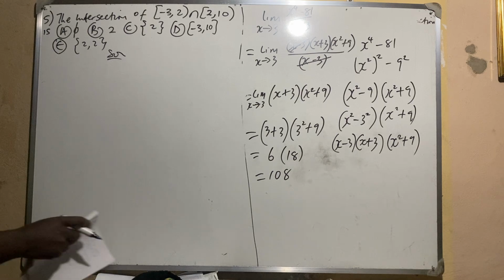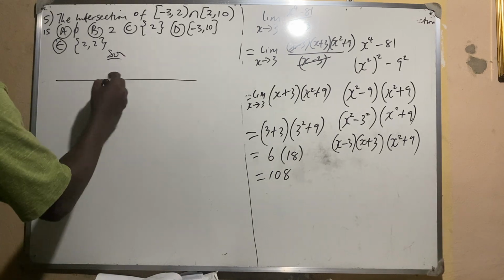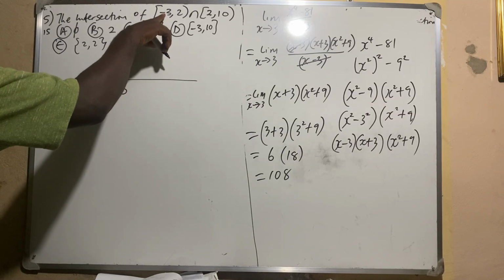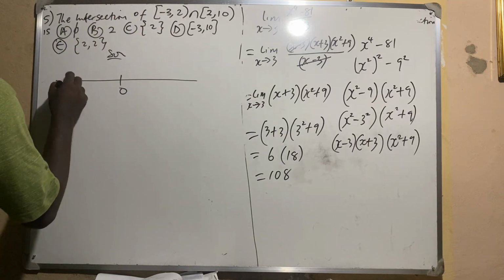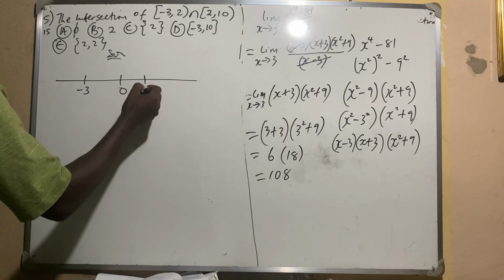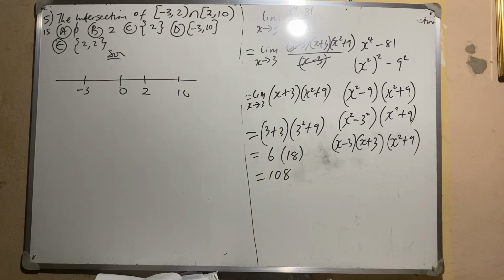It's preferable if you can draw it. What do I mean by that? Look at this. You can draw your number line. This is my 0, and what I'm looking for, you draw the first one, minus 3 and 2. So let me say that here is minus 3. This side is 2, while this side is 10. I've put in all these values.